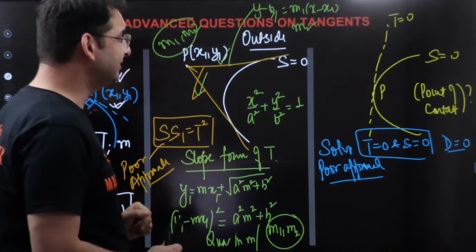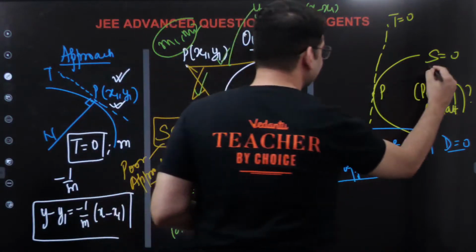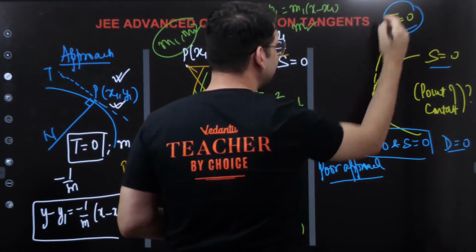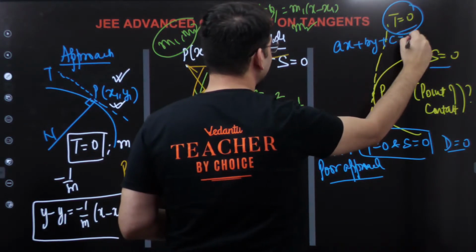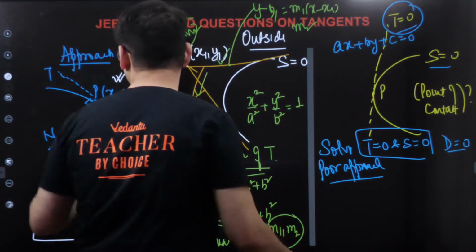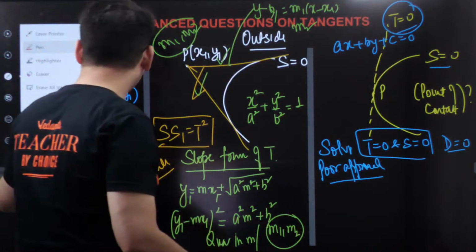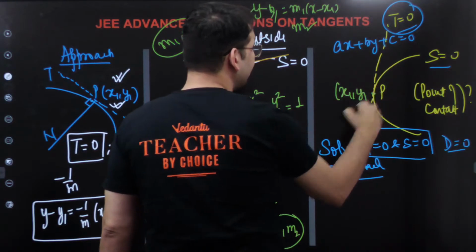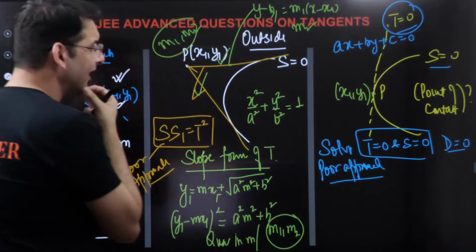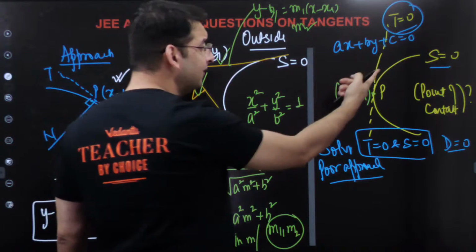Now what you do here is, you know this curve. You know this line T is equal to 0. Let's say this line is ax plus by plus c is equal to 0. You have to find this point P. One of the best approaches here is, let us assume this point be x1, y1, and you know the curve S is equal to 0.